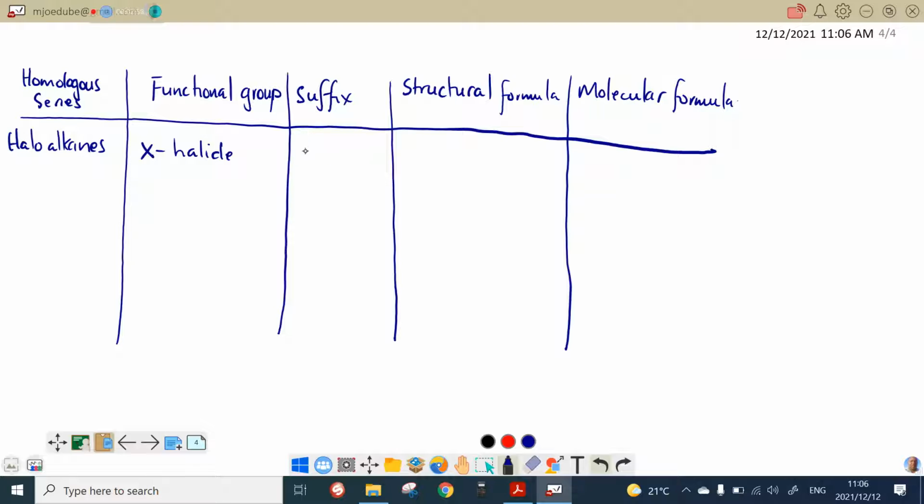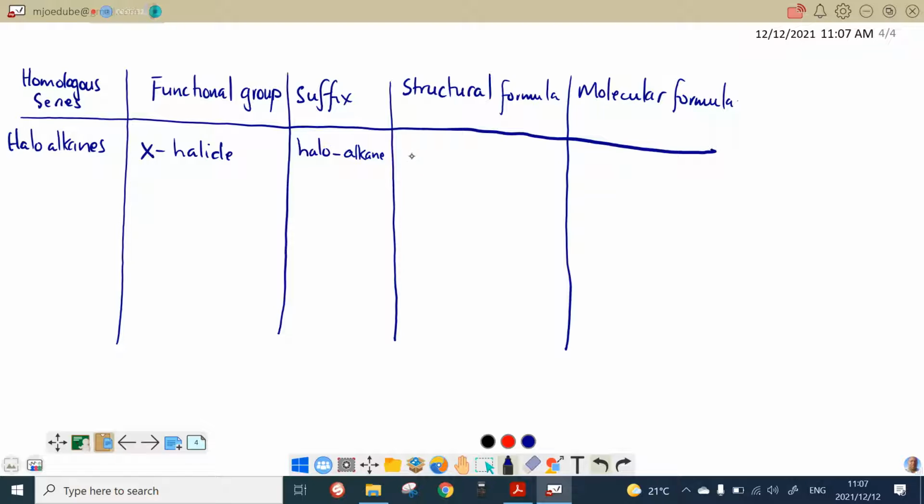So in the naming of these, it's just called a halo, whatever the name of the halo that you'll have. If it's chlorine, you'll have a chloro. If it's a bromine, it will be a bromo. If it's a fluoro, iodo, etc. That will be the suffix, and then the name of the alkane. Right? So it will be that halo and then the alkane name.